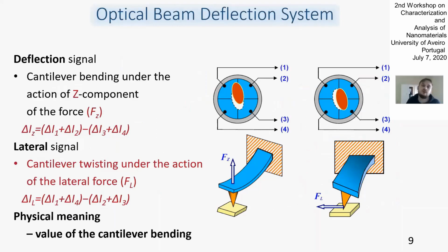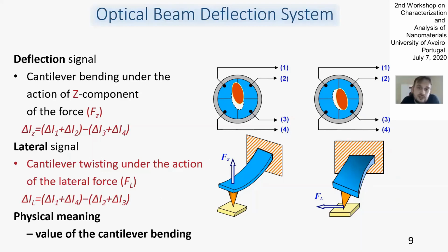Let's say some words about the optical beam deflection system. What is the optical beam deflection system? If we have the action of the van der Waals force between tip and surface, we somehow need to register that the tip bends, and get insight into what kind of force acts on the cantilever. For that reason, we use a system consisting of a laser and photodiode.